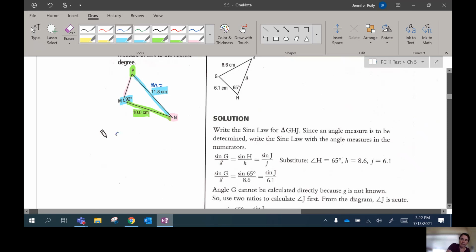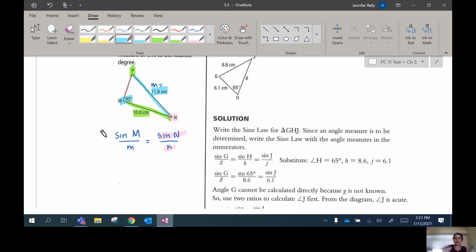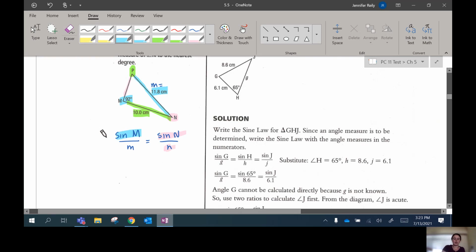If I tried to set up my equation like that, sine m over m equals sine n over n, I could try, but I don't know either of these two things in pink. So I cannot solve that equation as is. What I'm going to do first is find the green angle, P, and then find the pink angle from there.